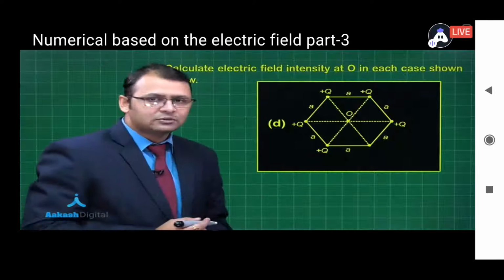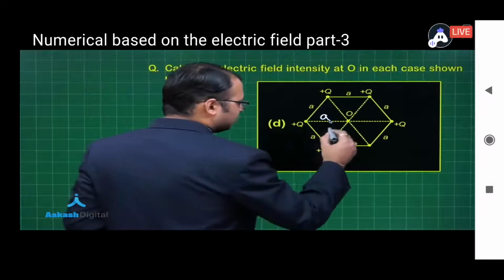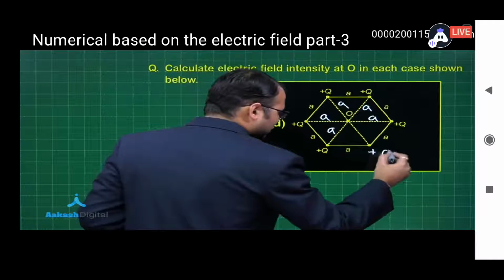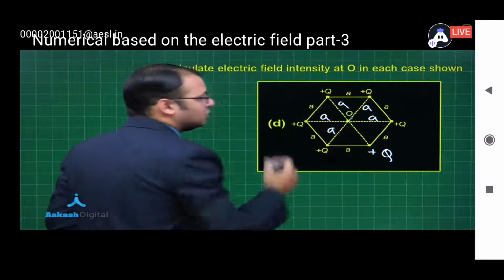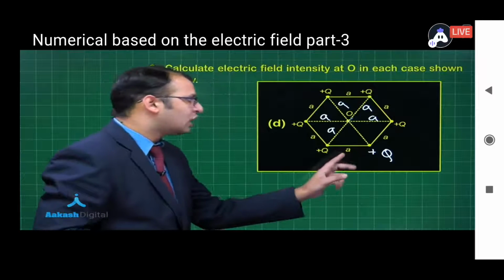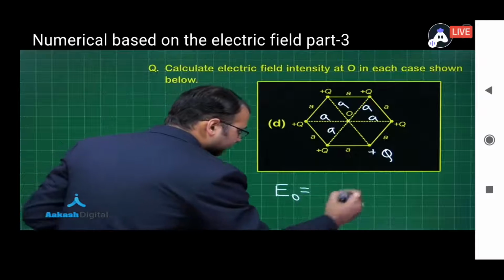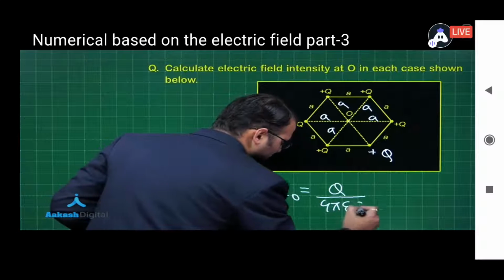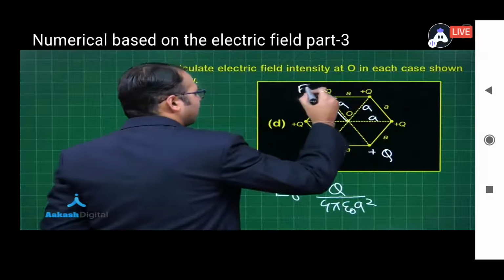Similarly, you find here, as hexagon we have understood that this would be A as well, this would be A as well. And if I place the plus Q charge here, which was missing, the electric field at this point would be 0. Now, the plus Q charge would have applied the electric field at O to be Q upon 4 pi epsilon naught A square, which could have been upwards, right?